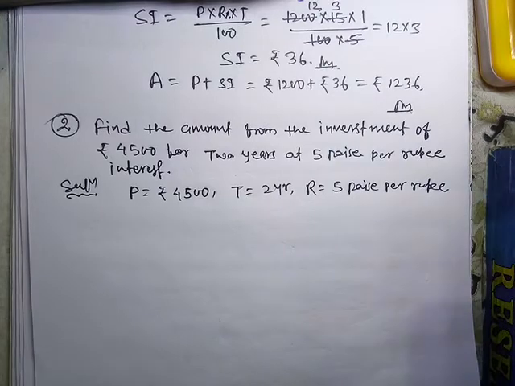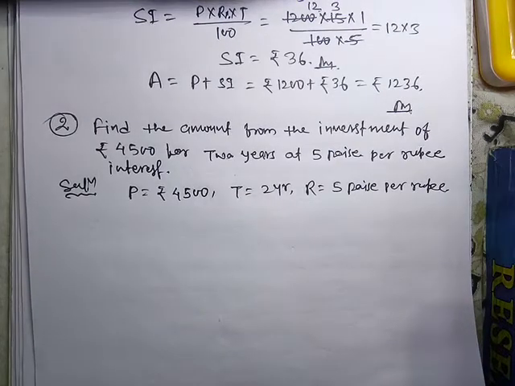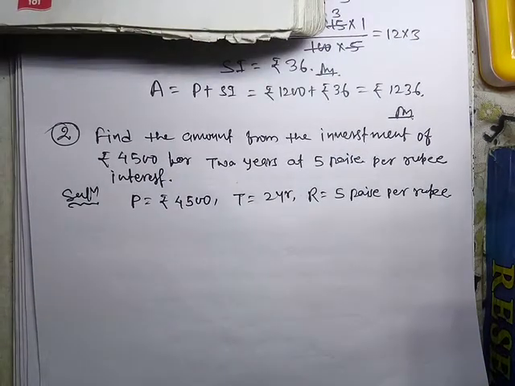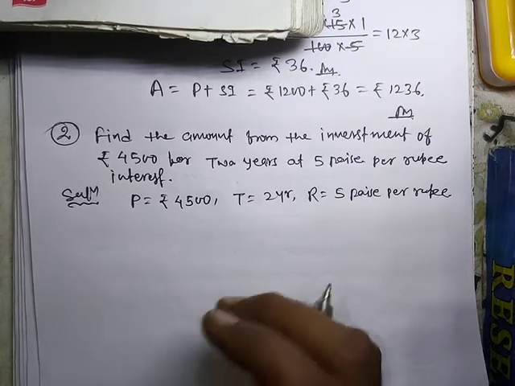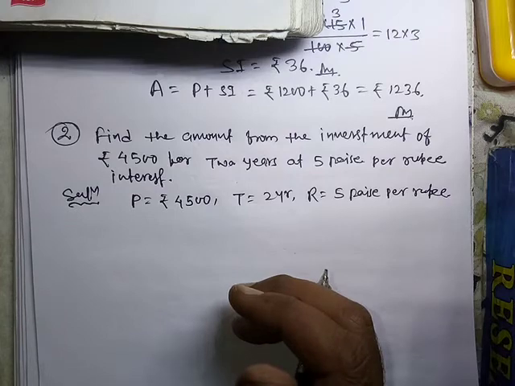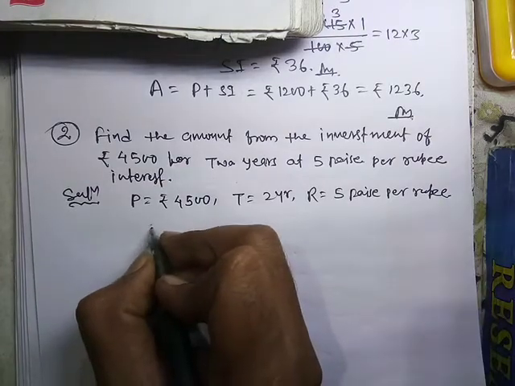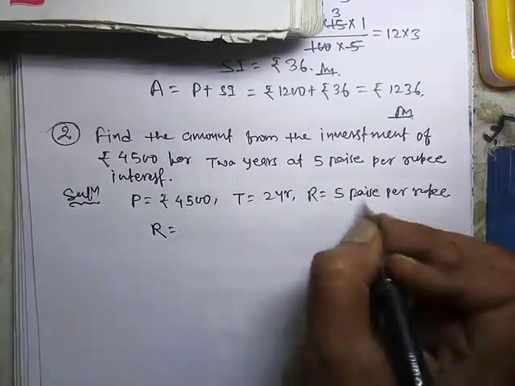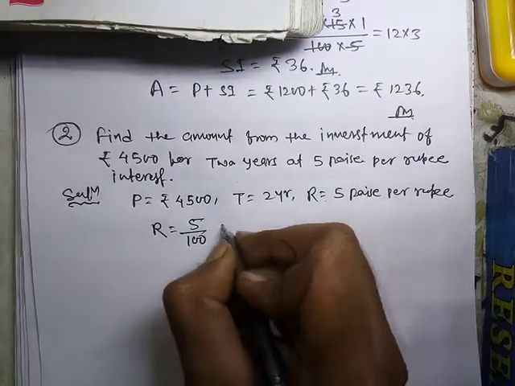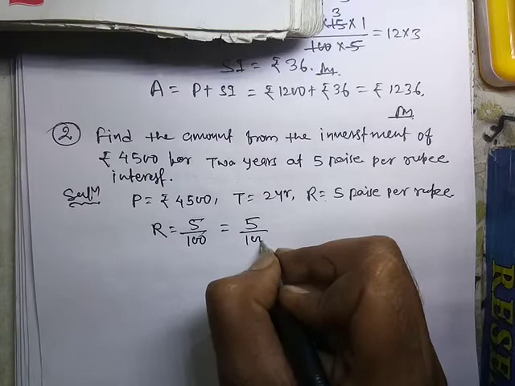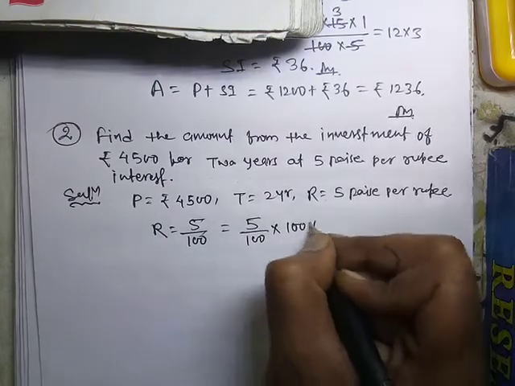Here R is given as 5 paise per rupee, so first you have to convert R into percent. So we write R is equal to 5 paise per rupee, which means 5 by 100. It means 5 by 100 into 100%.